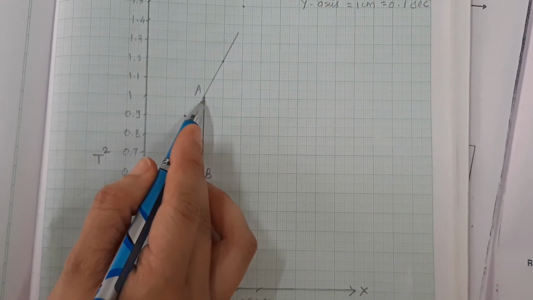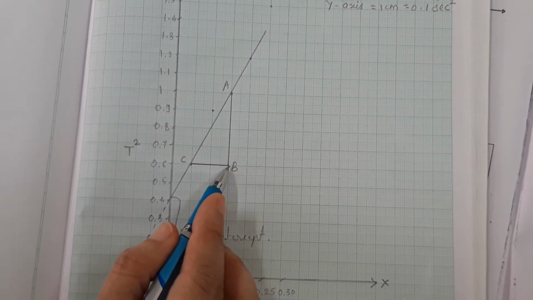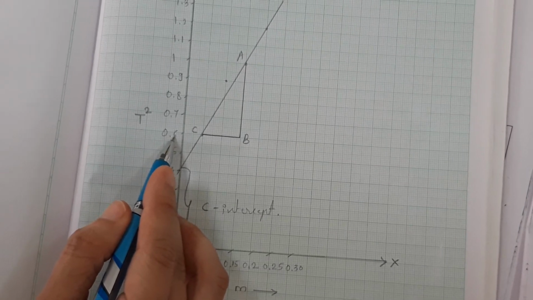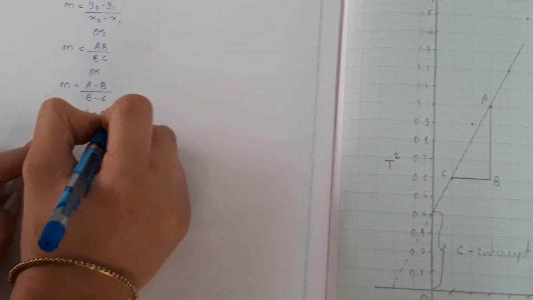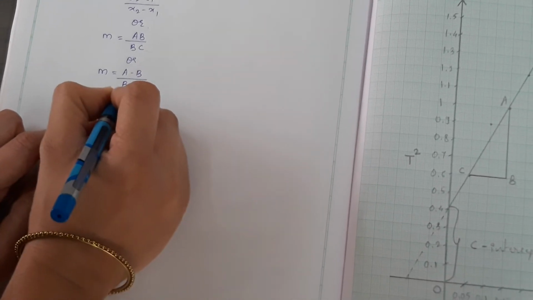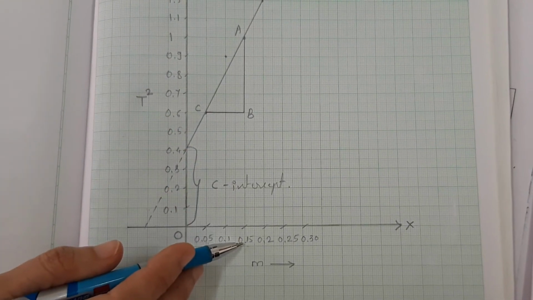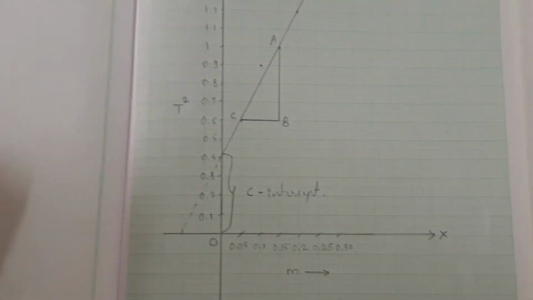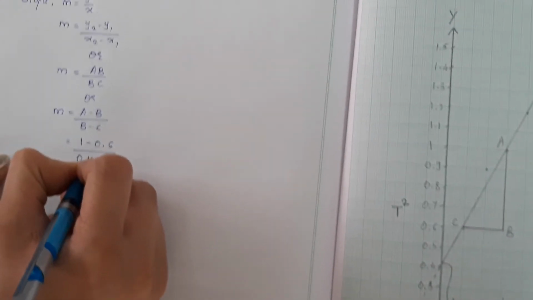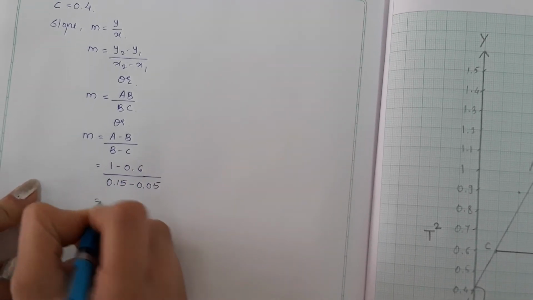The value for A is 1 and for B is 0.6. So 1 minus 0.6 divided by, along the x-axis, the value for B is 0.15 and for C is 0.05, so 0.15 minus 0.05.